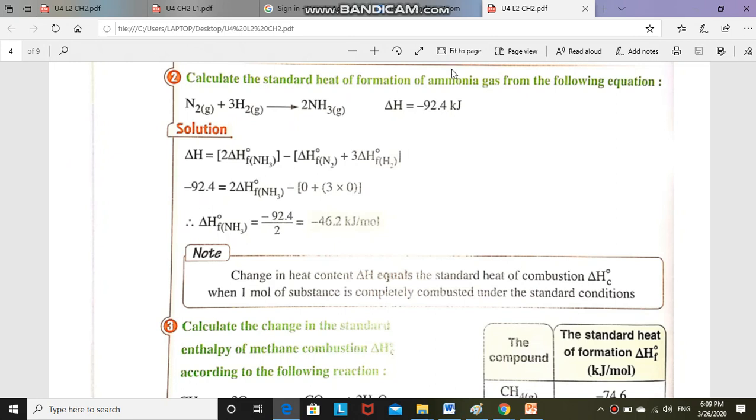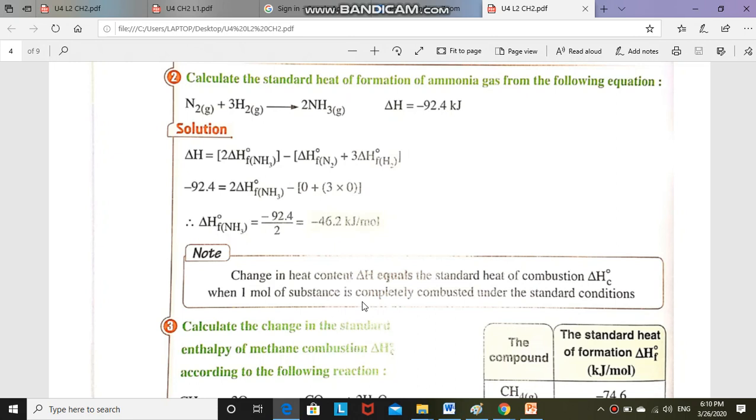So we have negative 92.4 equals 2 times delta HF minus delta H of nitrogen, which equals 0, plus 3 times 0 for hydrogen. So delta HF of ammonia gas is negative 92.4 divided by 2, equal to negative 46.2 kilojoule per mole. This is the change of heat of formation for the formation of 1 mole of ammonia gas.